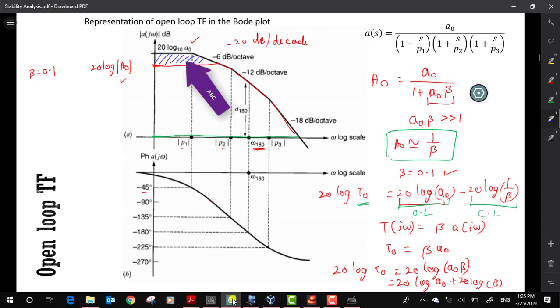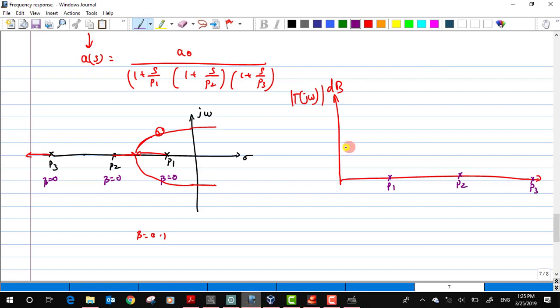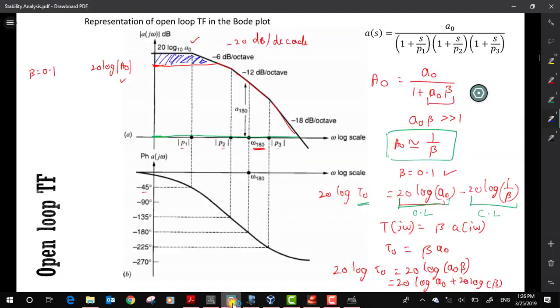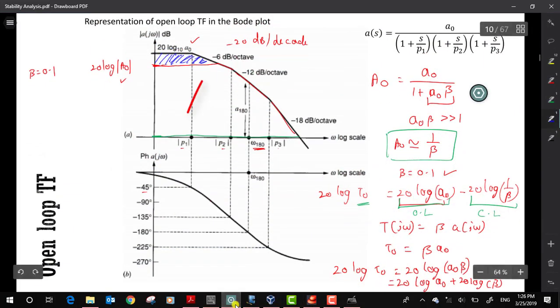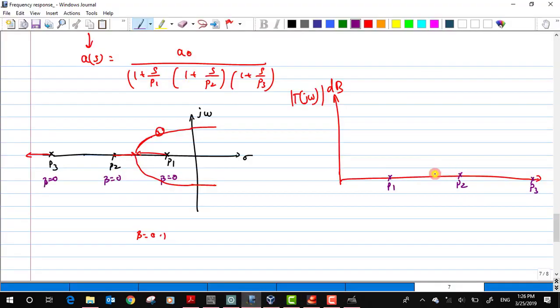I take the information within this shaded line and put it here. Let me recheck once. It is not crossing. Somewhere you can see that this particular line ends up here, and this spot appears between P1 and P2. So I use that spot and replicate it on this spot. And this is the magnitude plot of my loop gain. Is that clear?